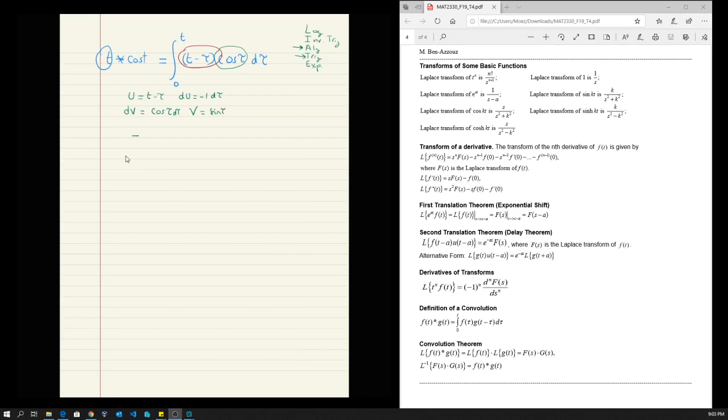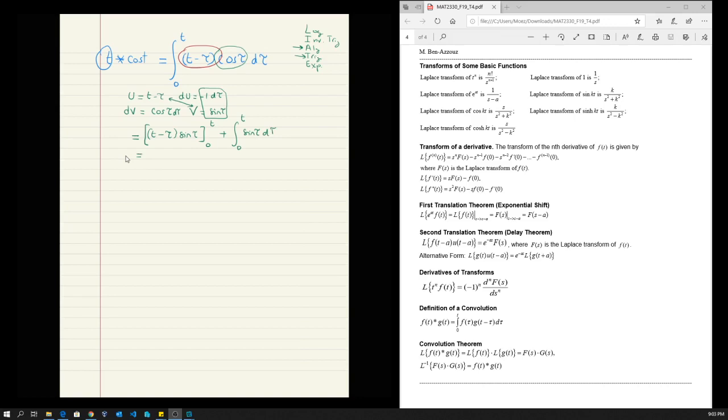According to the integration by parts rule, this is going to equal u times v, so the product of these two, t minus tau times sine tau, evaluated between 0 and t, minus the product of these two integrated between 0 and t. So minus minus becomes a plus, integral from 0 to t of sine tau d tau.